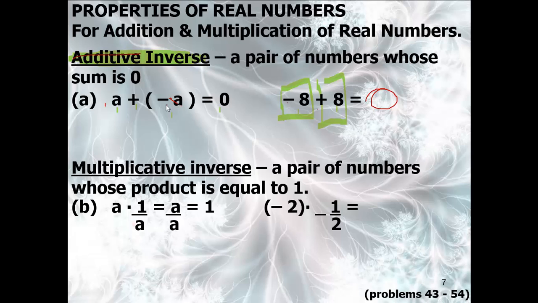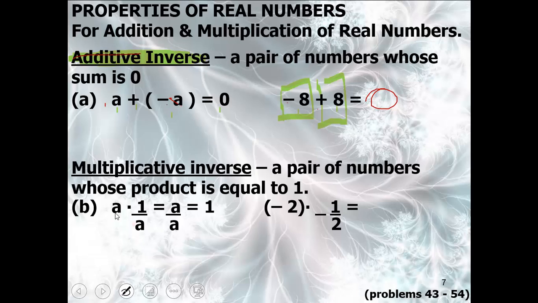Now, with a multiplicative inverse, you're looking for a pair of numbers so that when you multiply them together, they become 1, or the identity, the multiplicative identity. And those are the reciprocals. Not the opposite reciprocals; we're not flipping the sign, we're just flipping the fraction.